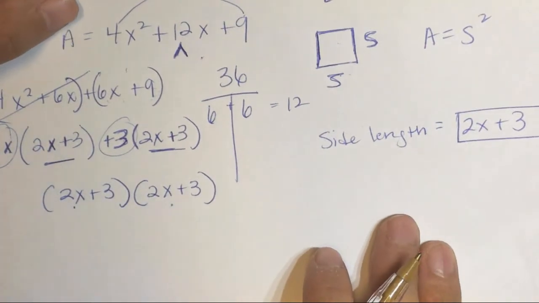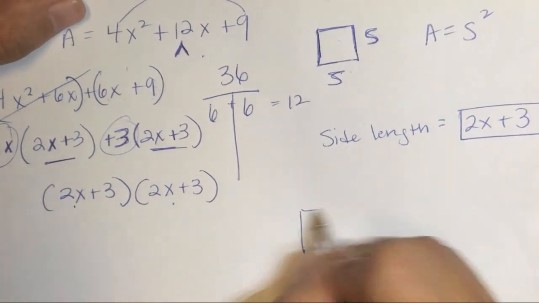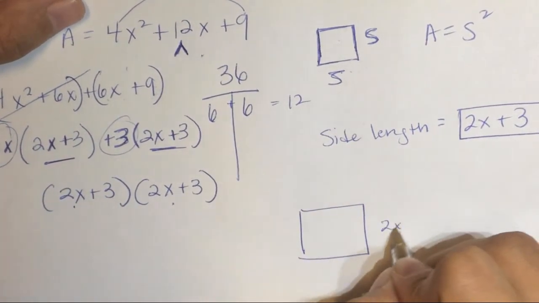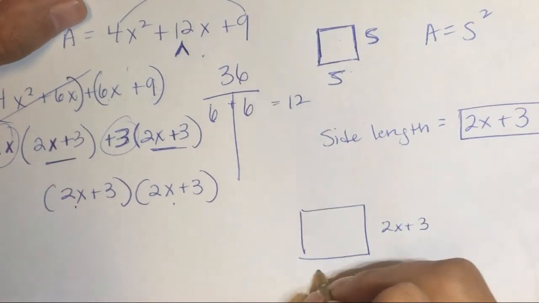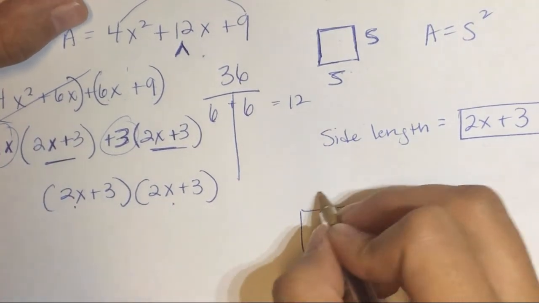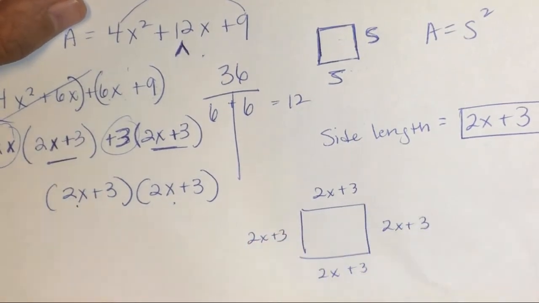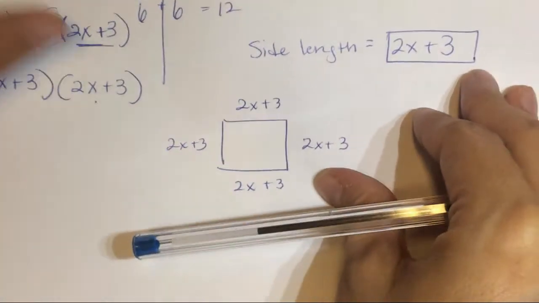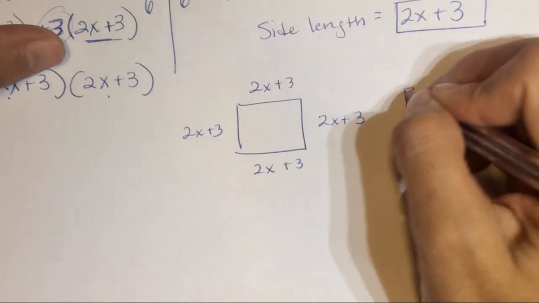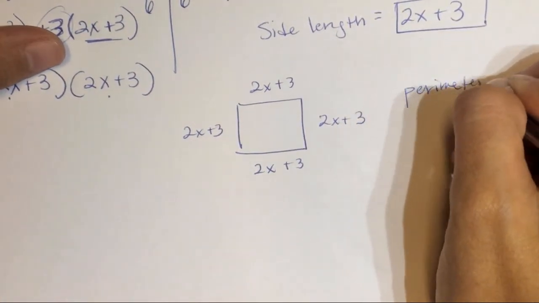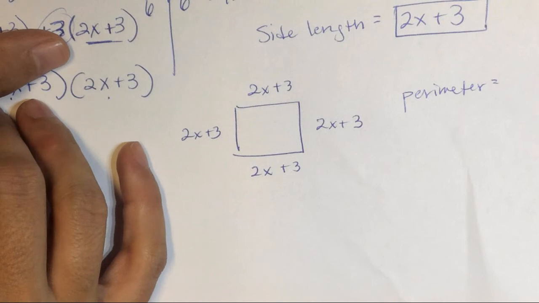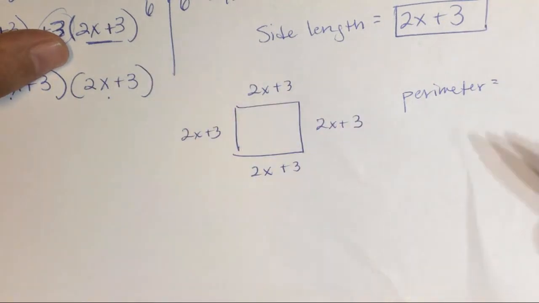And the last thing they asked was, what is the perimeter? If each side is 2x plus 3, that means all the way around it's going to be 2x plus 3 four times. The formula to find the perimeter is just adding up all the sides. I'm first going to simplify by finding the common terms.